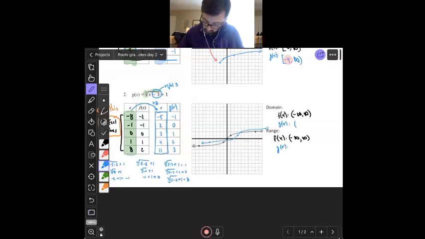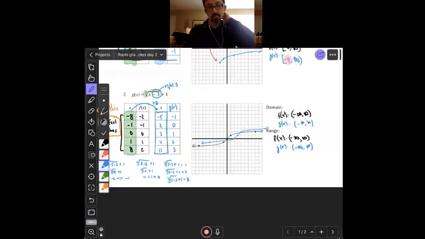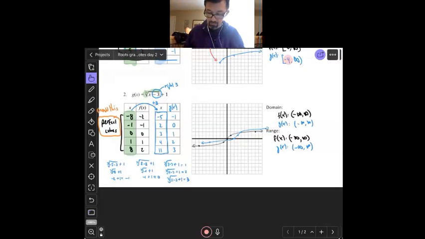So even though we've shifted it, it still goes left forever, still goes right forever, still goes down forever, still goes up forever. There's nothing you can do to change that. Okay? It's just how the function is. So that one should be easy to do.